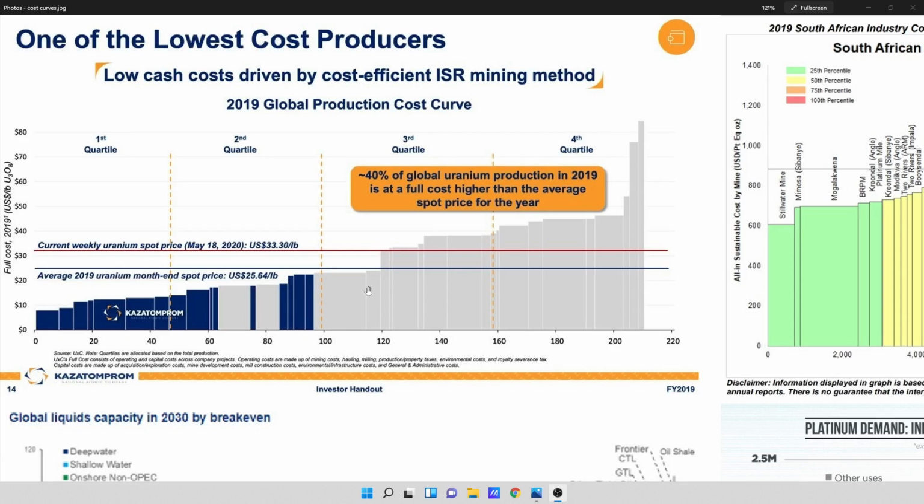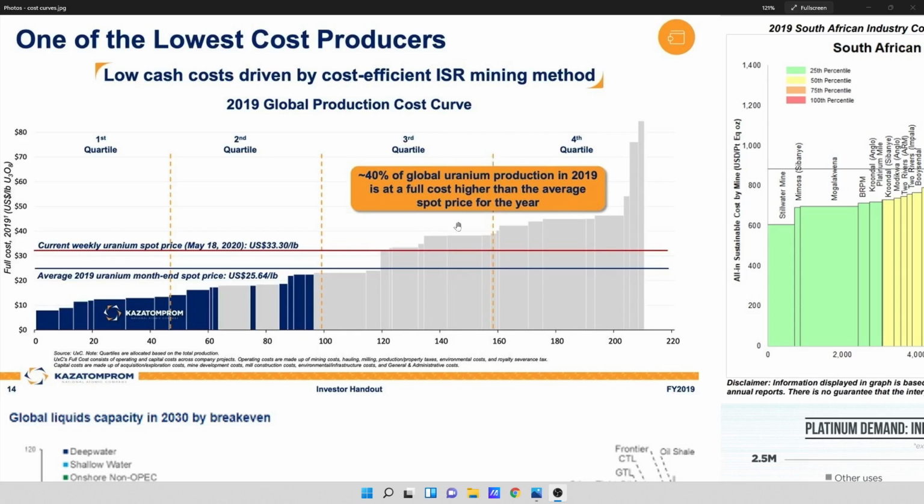Now, some of these guys are not going to produce, because they'll probably feel like they're giving away their uranium when they produce it. That depends on the company and what they want to do. Looking at the cost curve, if $33 were to go to $50, and you're one of these producers between 120 and 140 million pounds whose cost is about $33, you're not really making any money here.